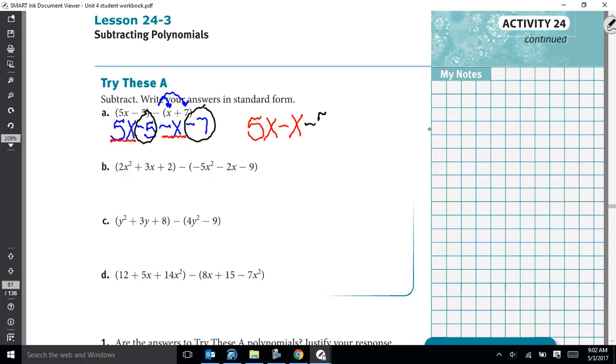So we have minus 5 minus 7. 5x minus x is 4x, and negative 5 minus 7 is negative 12. So 5x minus 5 minus the whole quantity x plus 7 is 4x minus 12.